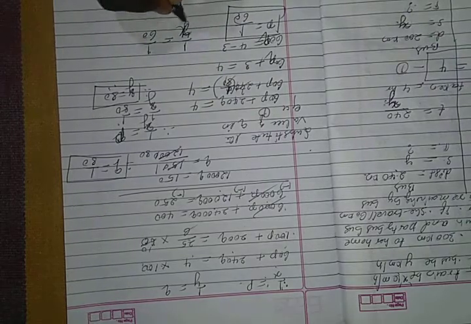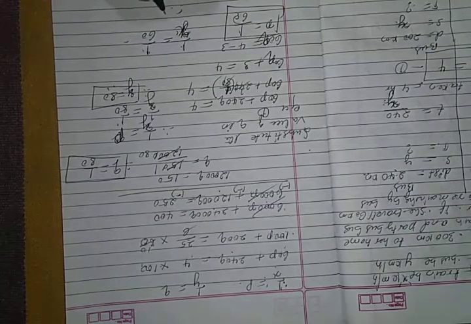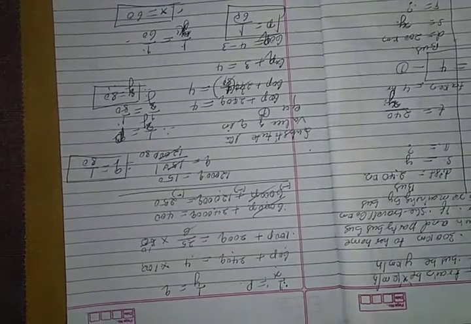Numerators are the same. Therefore, x is equal to 60, and y is 80.